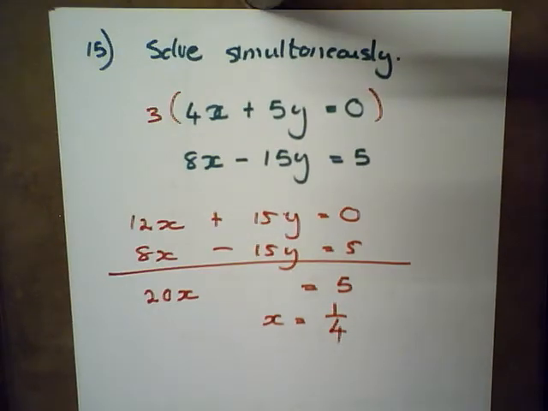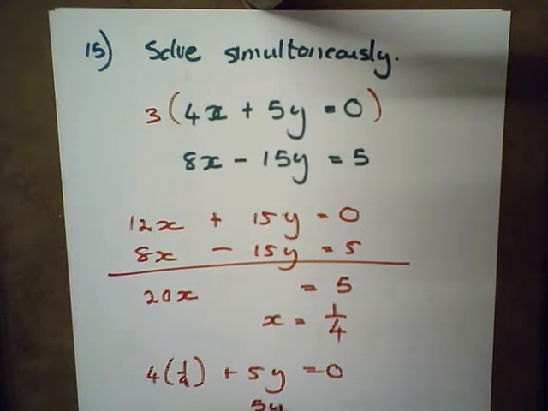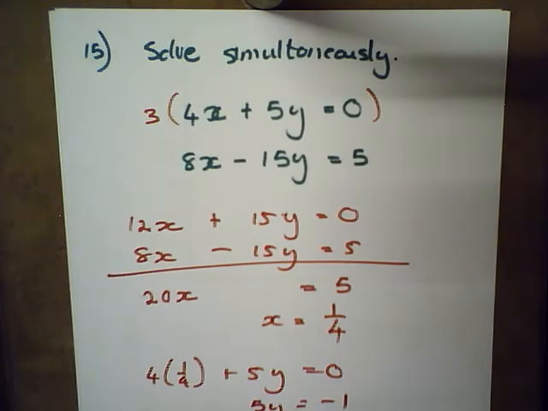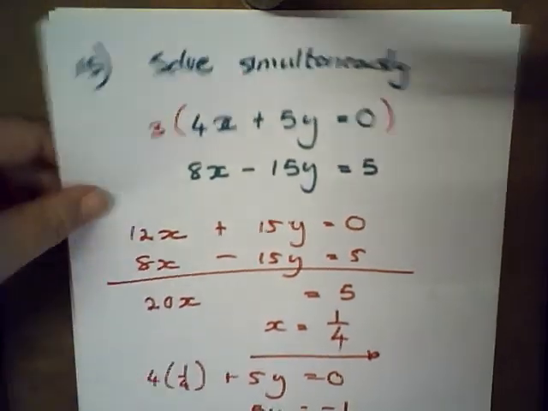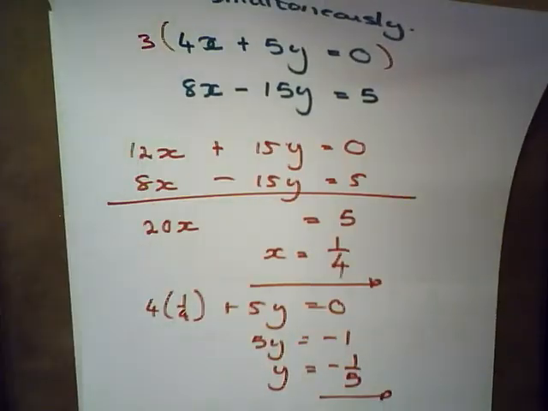Now to solve that, I will just substitute that into one of the original expressions. So 4 times 1/4 plus 5y equals 0. So that would give us 1, so 5y equals -1, and y would be -1/5. And that is my answer for question 15.